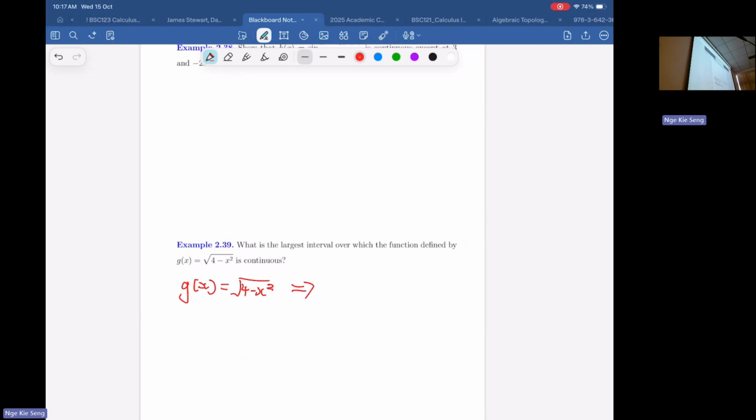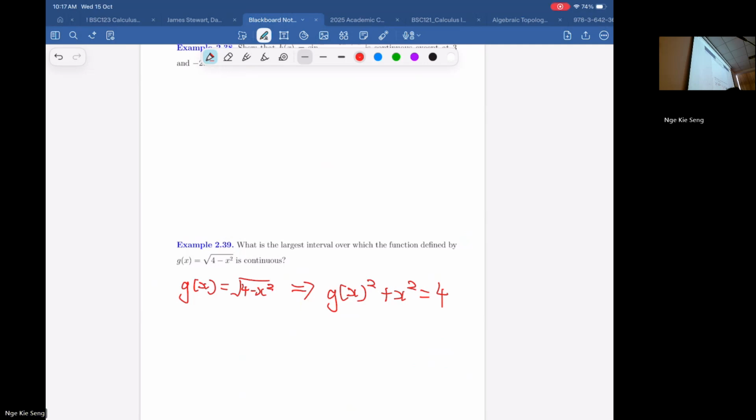So this would imply that if you play a bit of algebra here, what you see is like a circle equation. In particular, what is the radius of this circle?